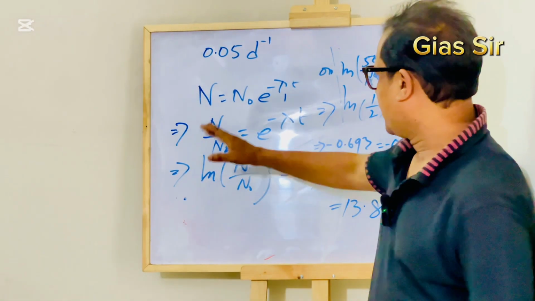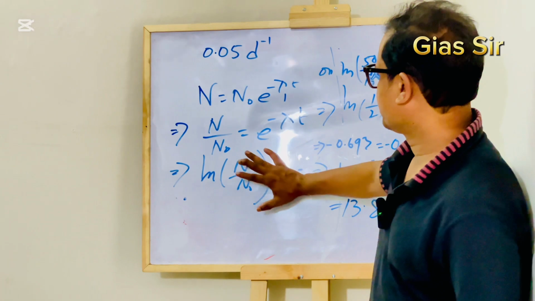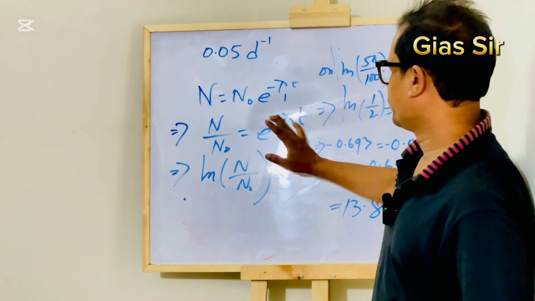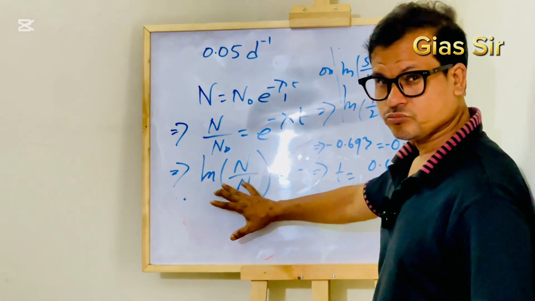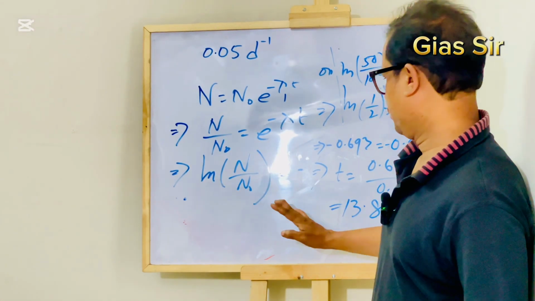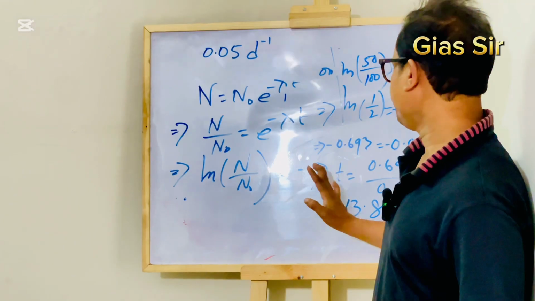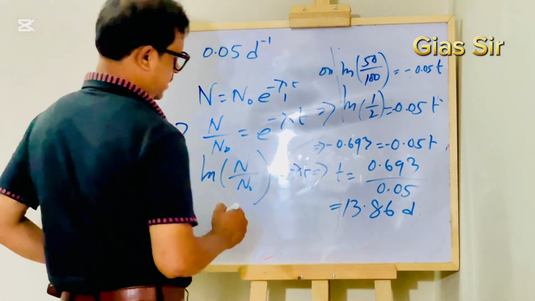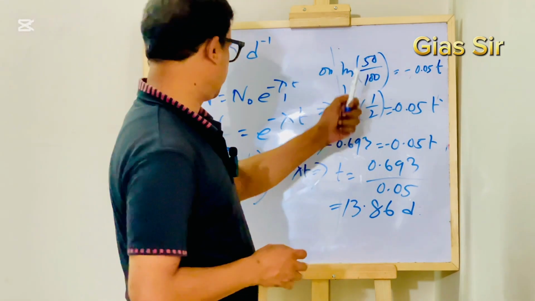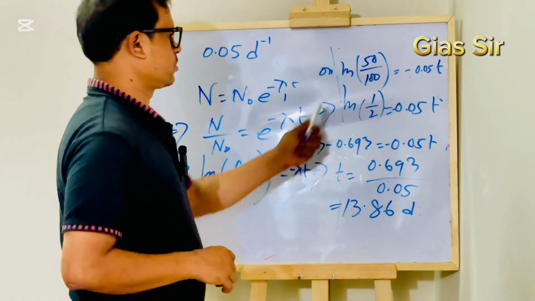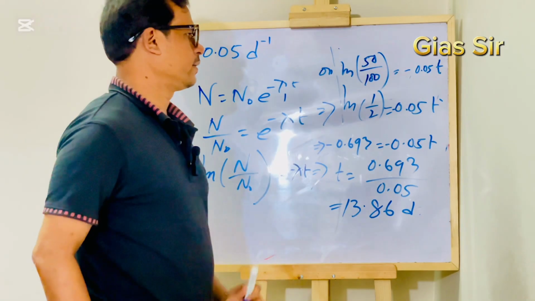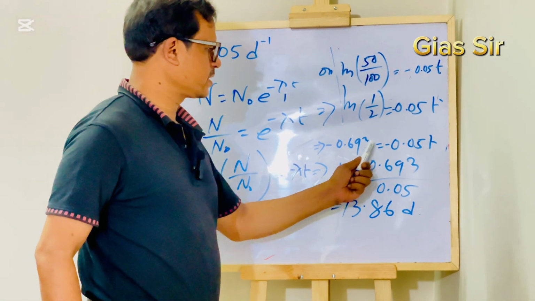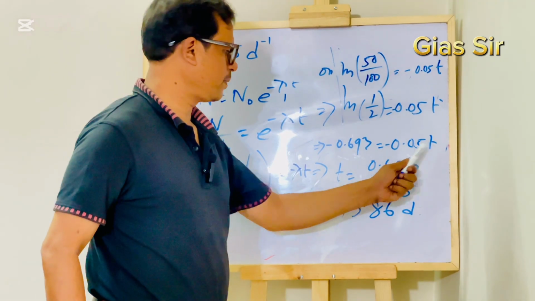Okay, and ln of N over N naught equals minus lambda t. We put the values N equals 50 and N naught equals 100, and then ln half is minus 0.693, equals minus 0.05 t.